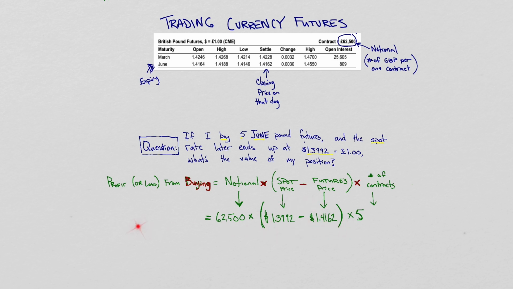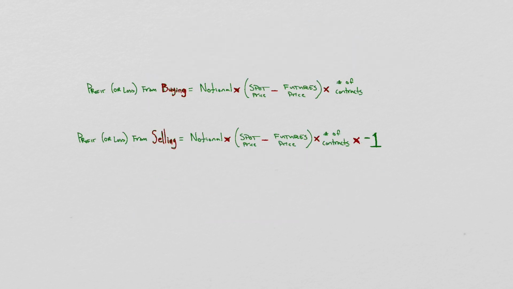And so what we're going to end up with here is a negative, or a loss. That actual loss is $5,312.50. And one thing that's nice about the futures contract and pricing it is that, as we saw, the buyer's gain is the seller's loss, and the buyer's loss is the seller's gain.